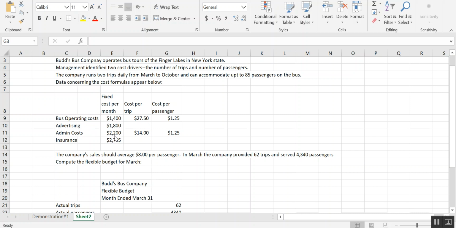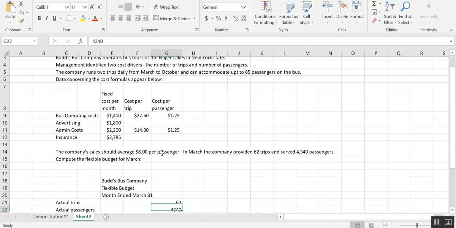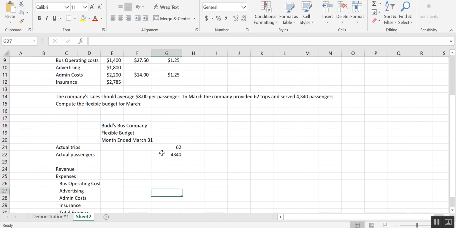Admin costs are fixed at $2,200 a month, plus $14 a trip and $1.25 per passenger. Insurance is fixed. The company's sales should average $8 per passenger. In March, the company provided 62 trips and served 4,340 passengers. Compute the flexible budget for the month of March.